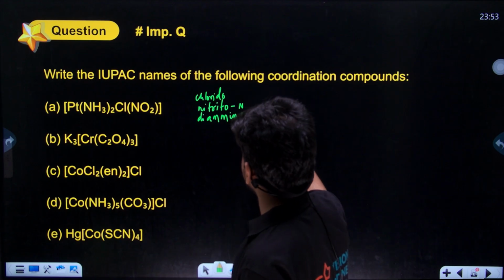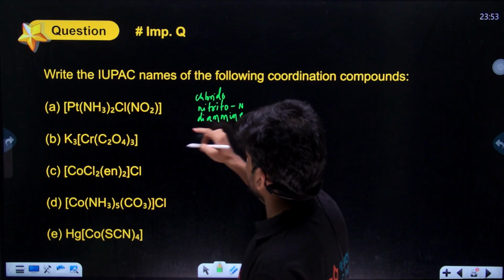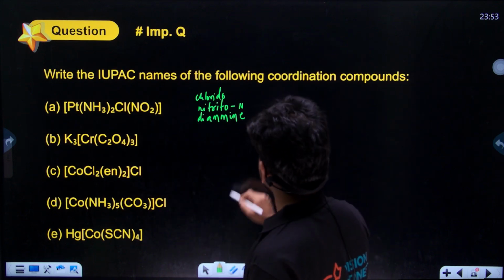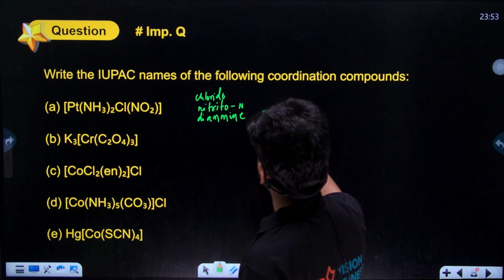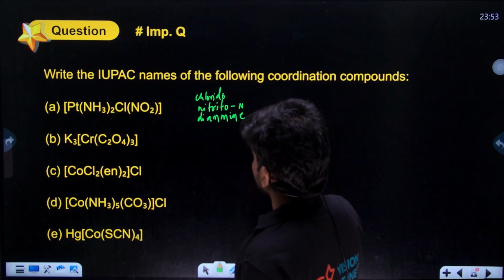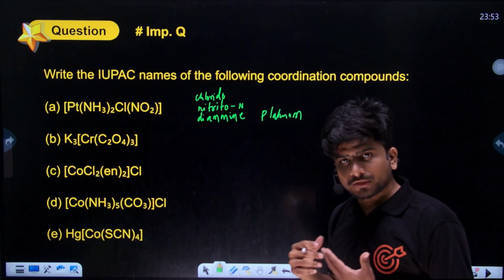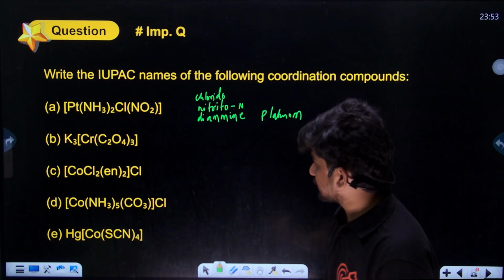Next is platinum. You don't have any charge here, so you will write neutral charge for the central atom.